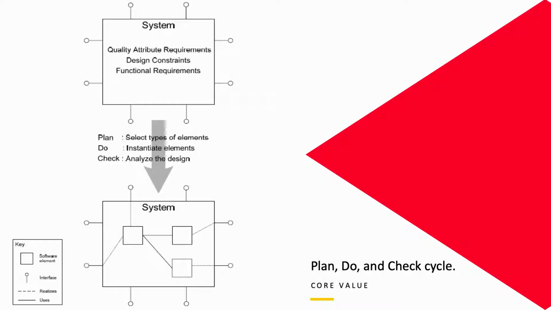You have your system that you're thinking about at a high level at the very top. Then you get your quality attribute requirements, so maybe you want testability, performance, and security. You find out what your design constraints and functional requirements are, and then you start designing elements of it. At the end, what you're left with is a system, and you can see all the elements, how they're connected, and through which interfaces they're connected. You then have this document that evolves with your cloud service.